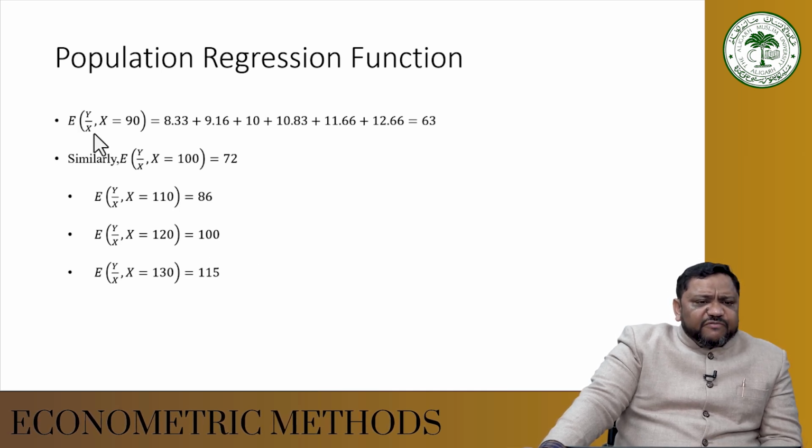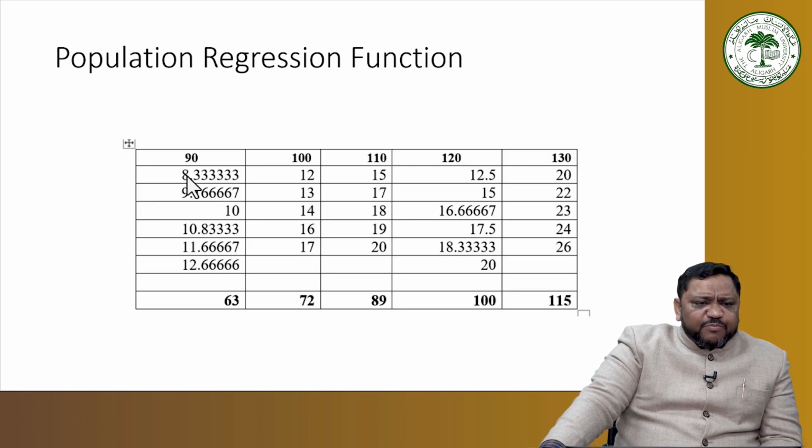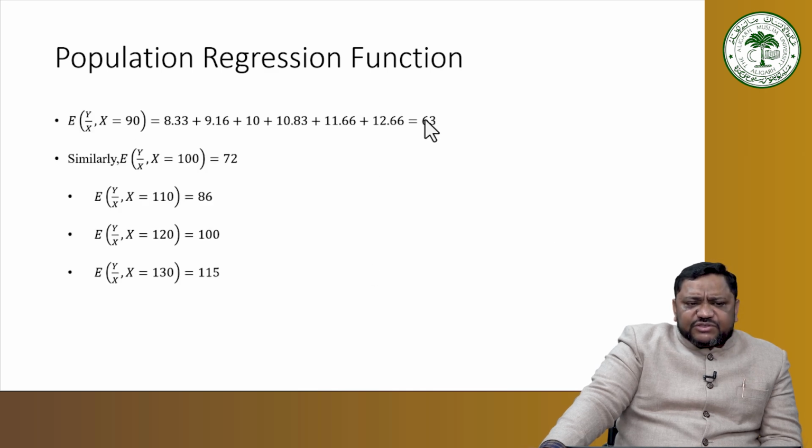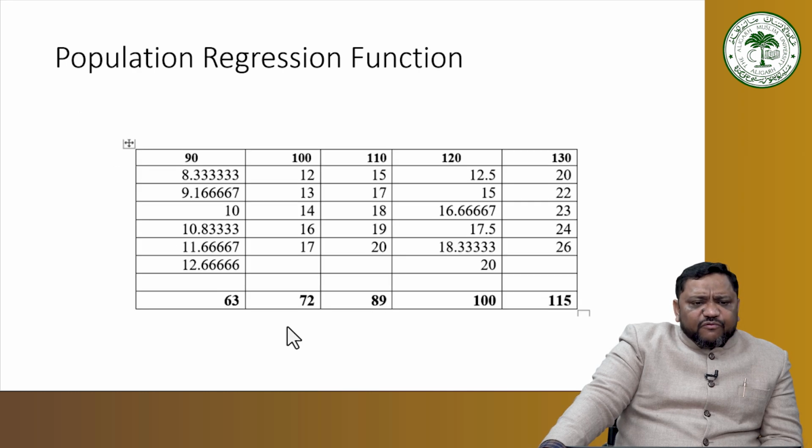It is the average, which we also call the expected value. Now the expected value of y given x when x is equal to 90: we add all these, 8.33 plus 9.16 plus 10 plus 10.83 plus 11.66 plus 12.66, so we get 63. Similarly, the expected value of y given x when x is equal to 100, we get 72.